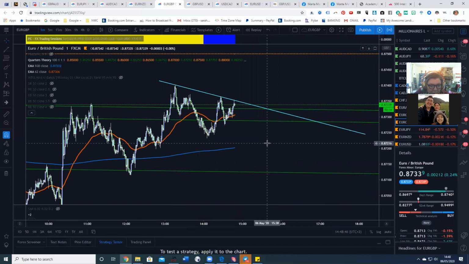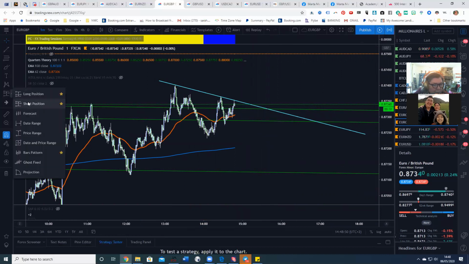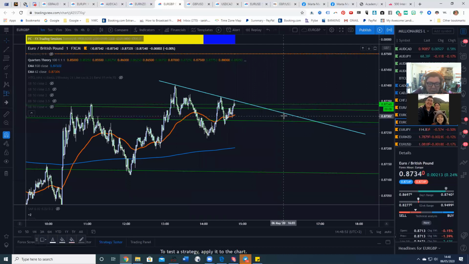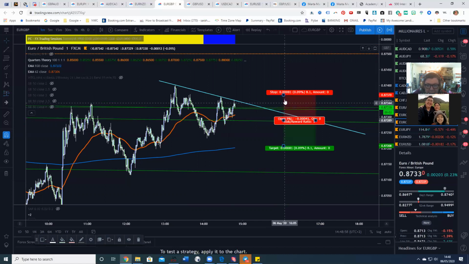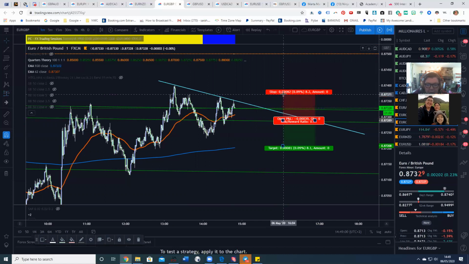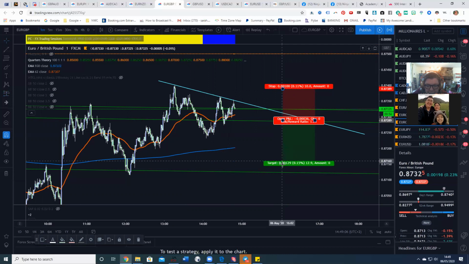So if we were looking at this for a trade, then my preference, if I was not sitting here with you guys and thinking I'll have a look at this one possibly, I would be doing something like this, 10 pips up there, down to 20 pips round about that pitchfork there.